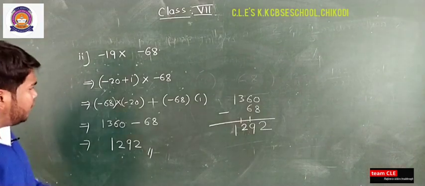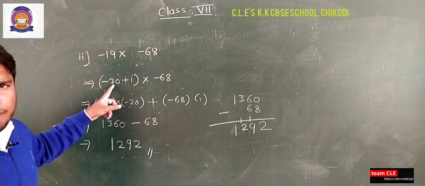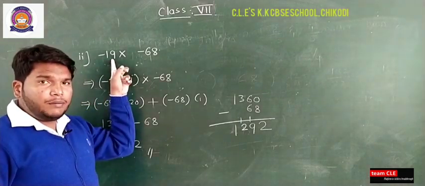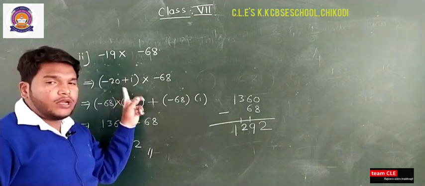1292. So see here, first of all, what you have to do is convert this minus 19 in the form of minus 20 plus 1. If this one is minus 19, you split it up in the form of a, b, c. I split minus 19 as minus 20 plus 1.